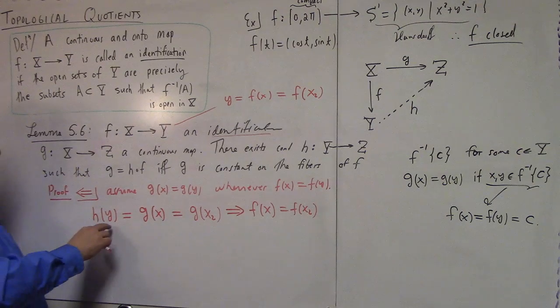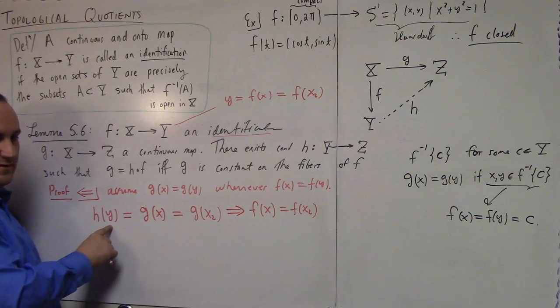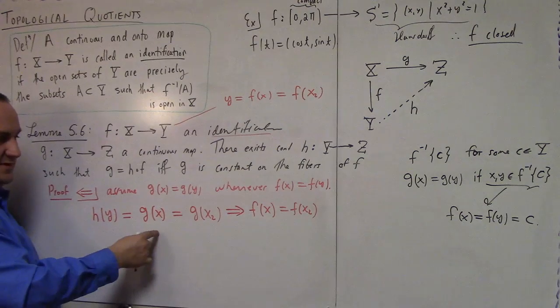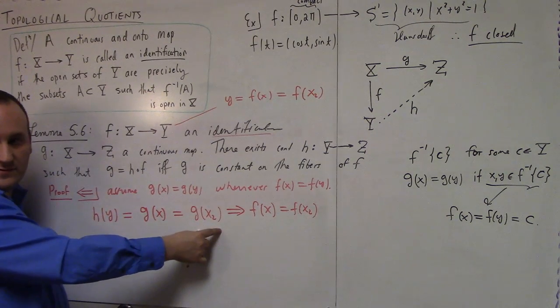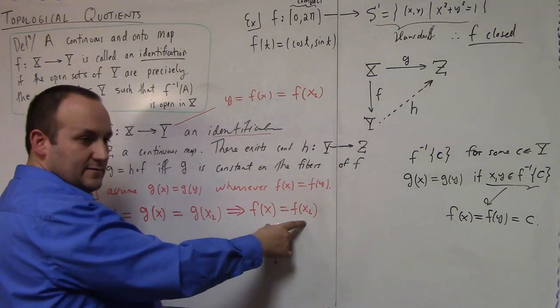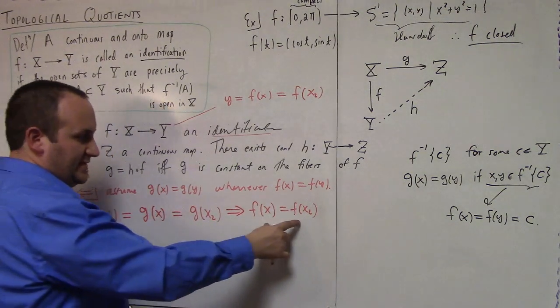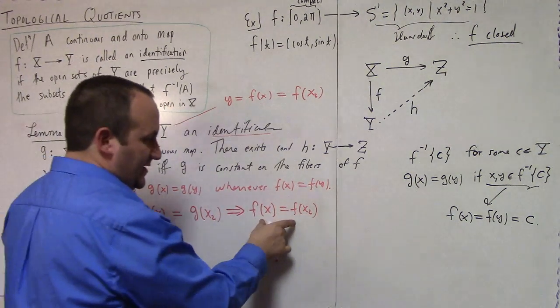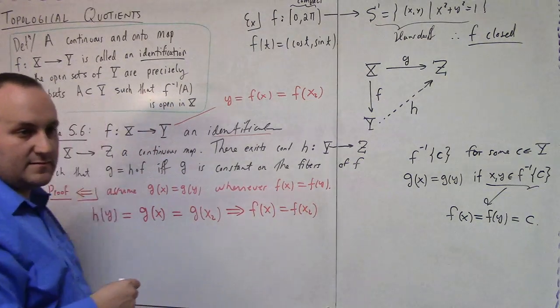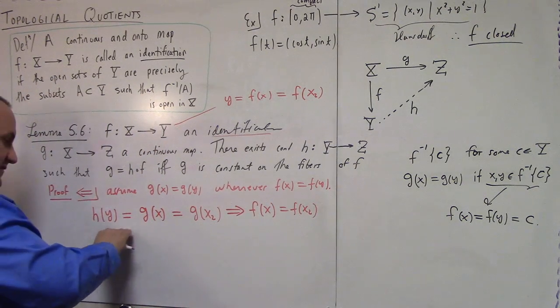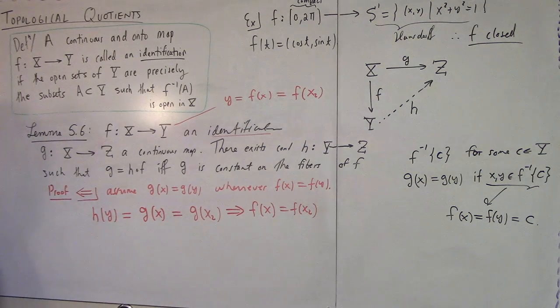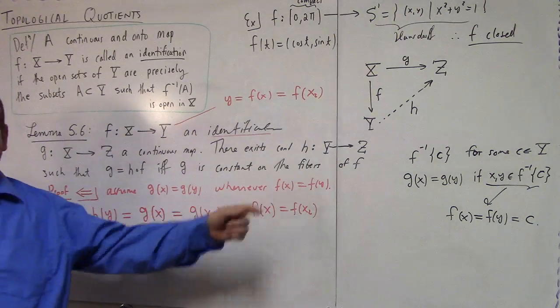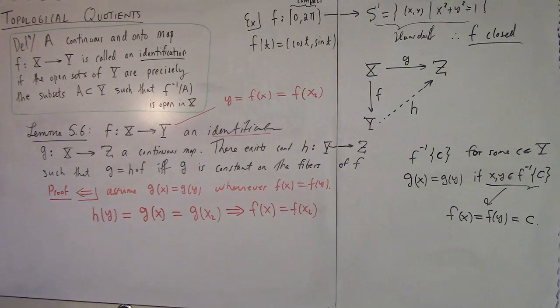I'm assuming that y is equal to f of x, and y is equal to f of x2. So when I get to this implies this, that's not a problem because y is equal to y. My point is you can show that this is a well-defined map because of that constant condition, because of this condition right here. Well-defined meaning that it's single-valued.